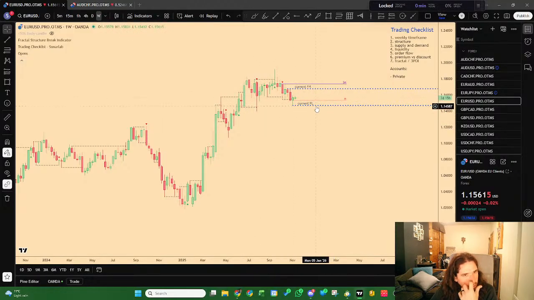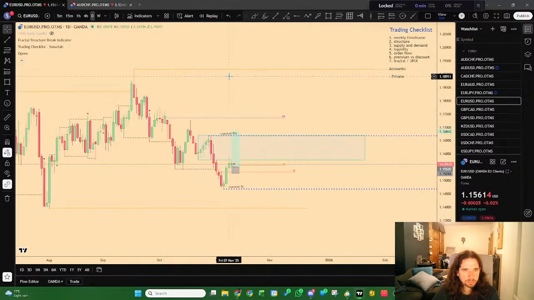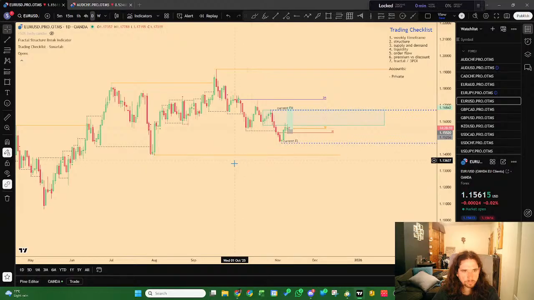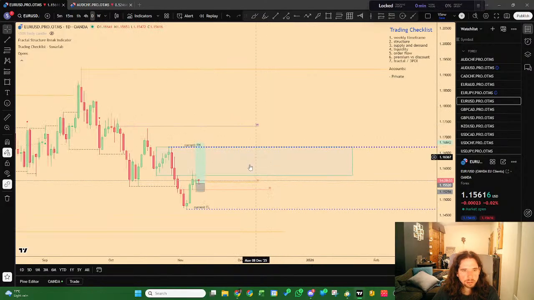There's no real change of character or break of structure. It's sort of ranging within that little bit there. So the USD is getting a bit weaker. Yeah, and you can see by here we're ranging a little bit.